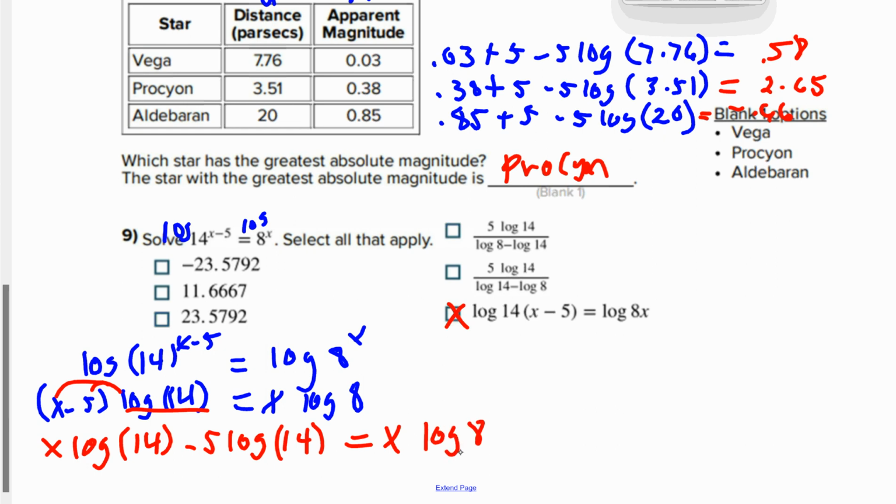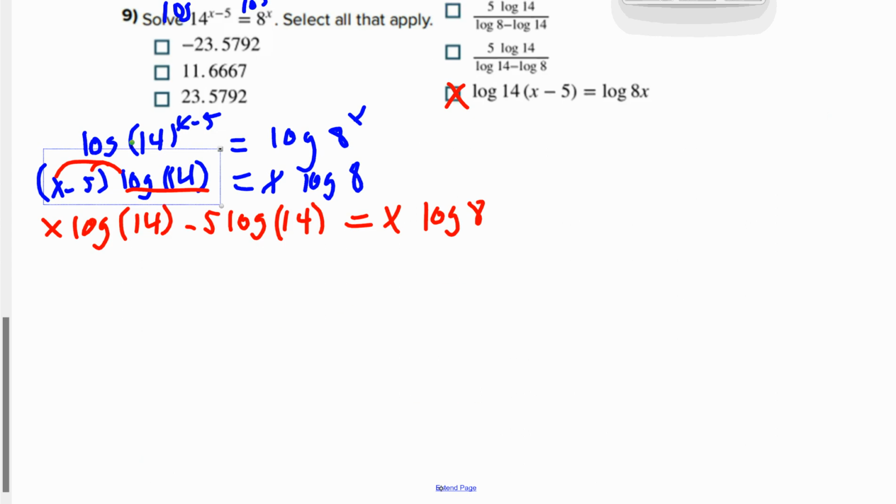Now our goal is basically to get our x's by themselves. Because this is like, say, 24x and this is like 13x, so I want to move those to the same side. So I'm going to subtract that x log 14 over. You could move it either way. This one moves this one over, so minus x log 8, and it moves this 5 log 14 to the other side.